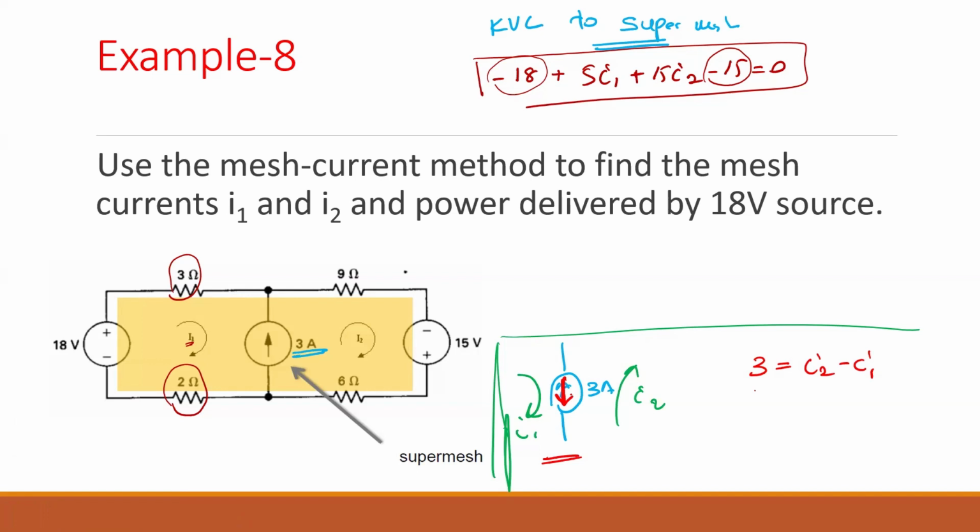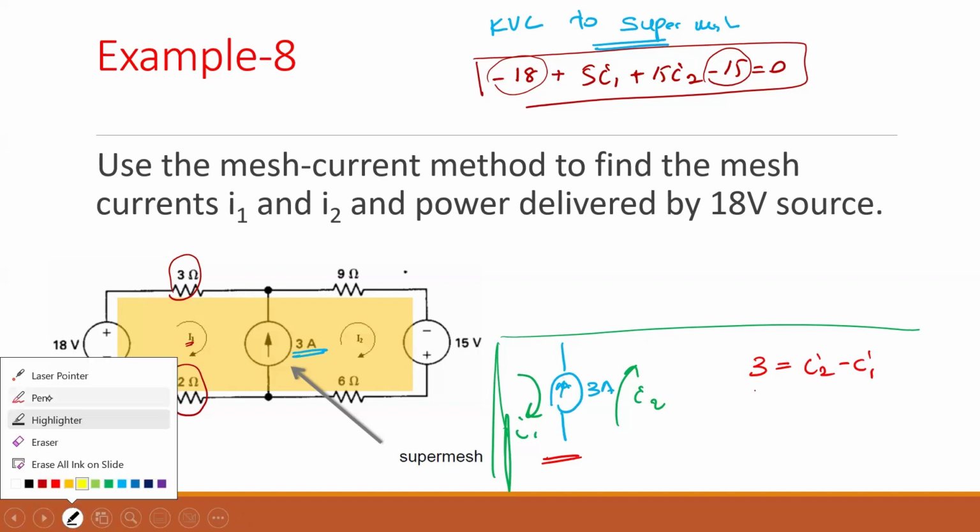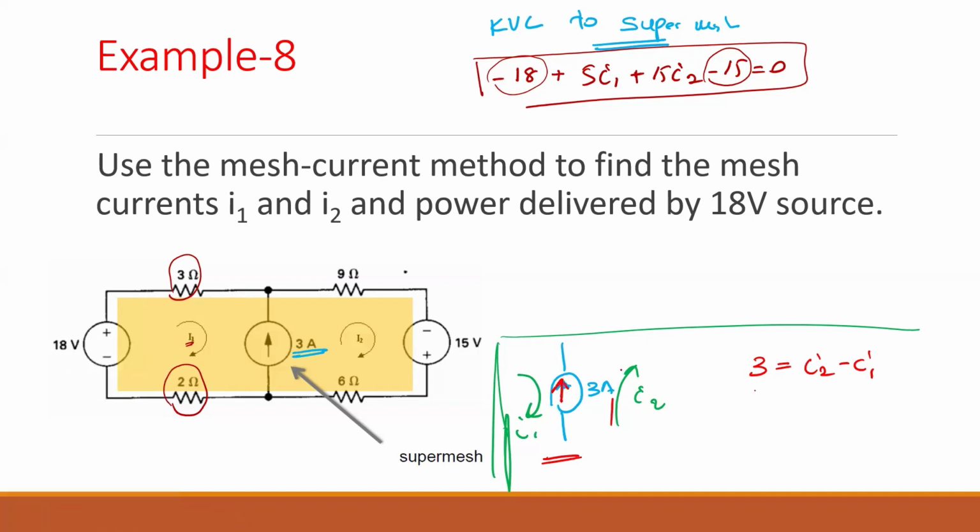You got it, right? Yes, so you are writing it the other way around because your arrow is upward here. That means the net current upward is I2 minus I1. It's not the same all the time. It depends on the arrow of the current source.